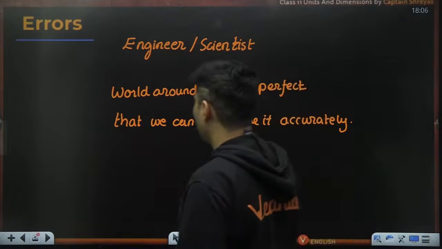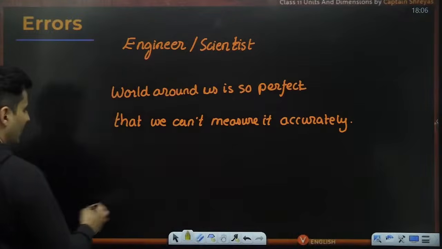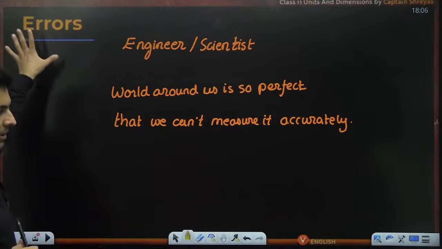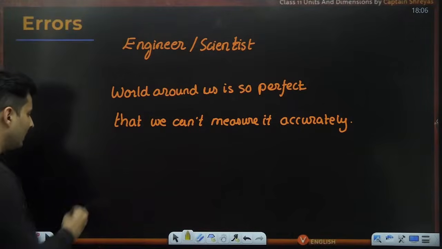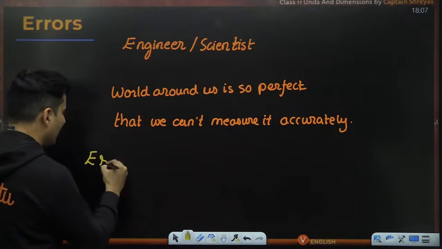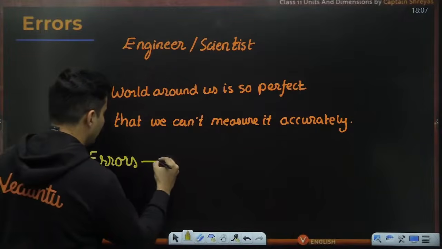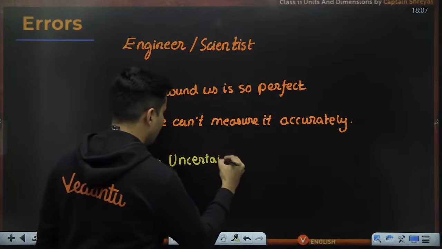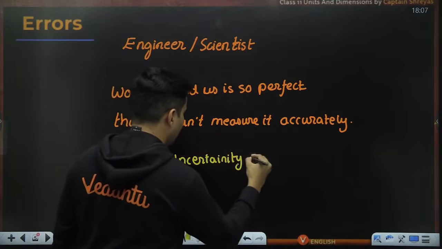So, if you talk about errors in the context of measurement, errors are nothing but uncertainty in the measurement.